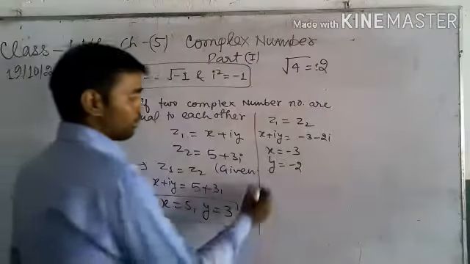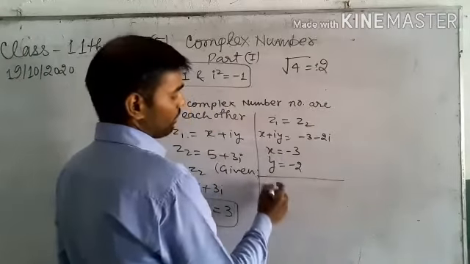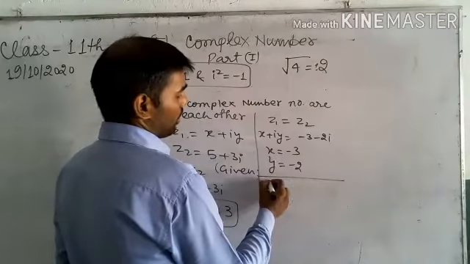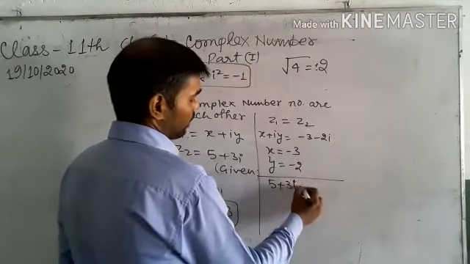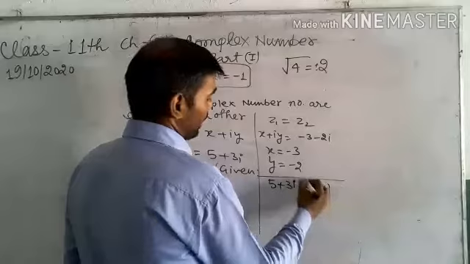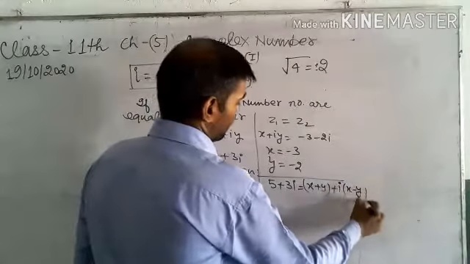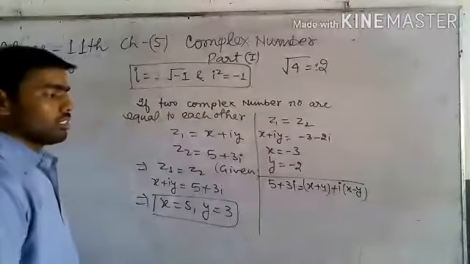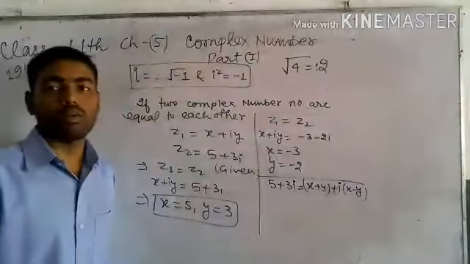Now take another example. If 5 plus 3i is equal to (x plus y) plus (x minus y)i, this complex number and this complex number are equal to each other.